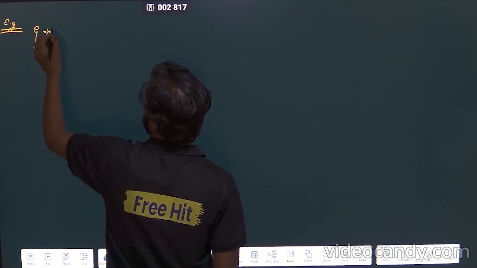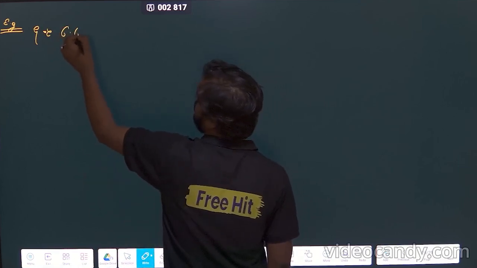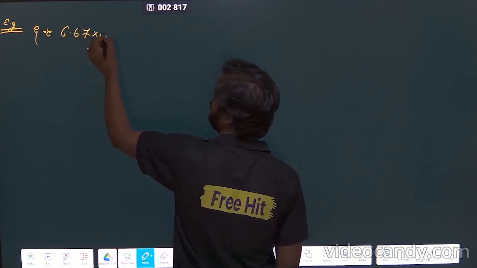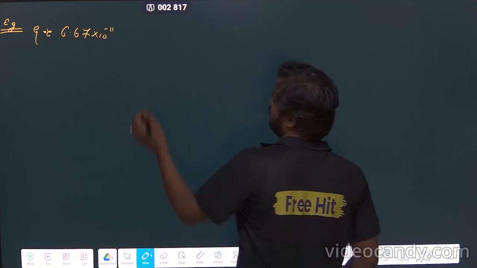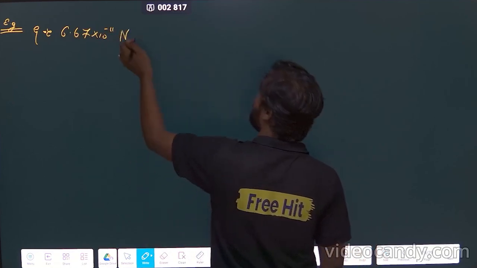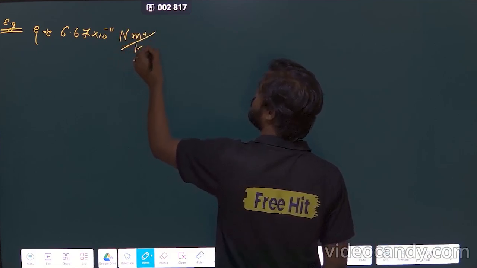You know, the G value is 6.67 into 10 to the power minus 11 Newton meter square by kg square.